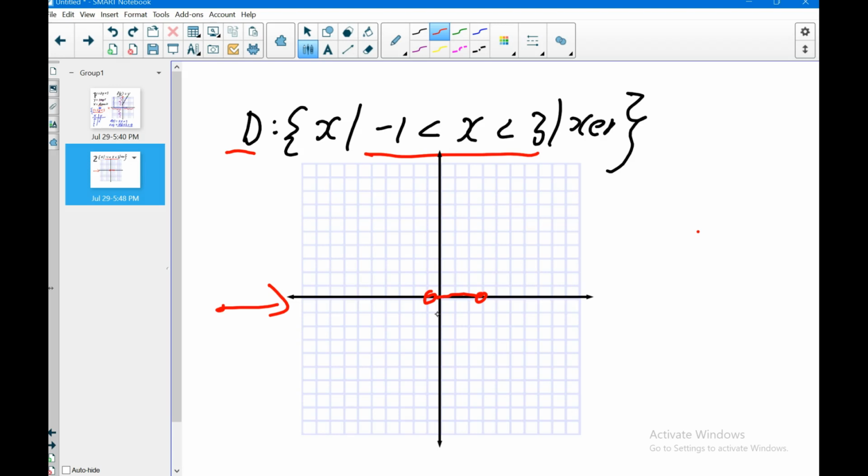Sometimes if they do equals, this would be a closed dot. And if they don't use open and closed dots, sometimes what they use in some books is this stuff here.